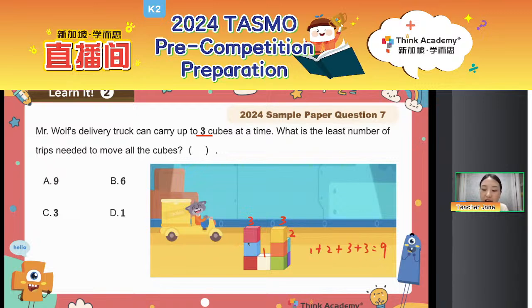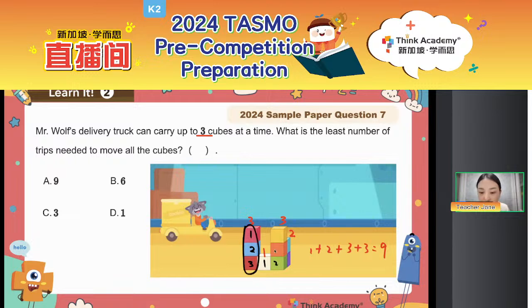So how many times do we need to move? If you have already learned about multiplication, probably you can know 3 times 3 equals 9. But most of us haven't learned about that. So no worries, everyone. Let me tell you another tip. You can just count, right? 1, 2, 3. This is one group.